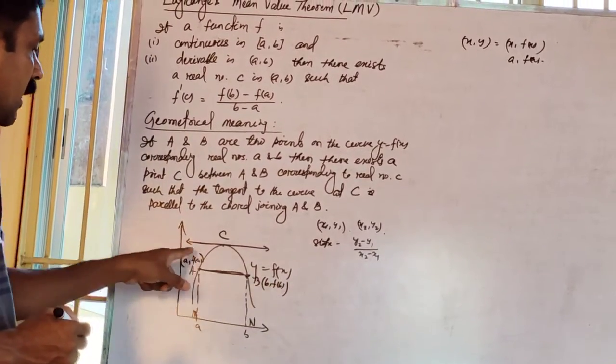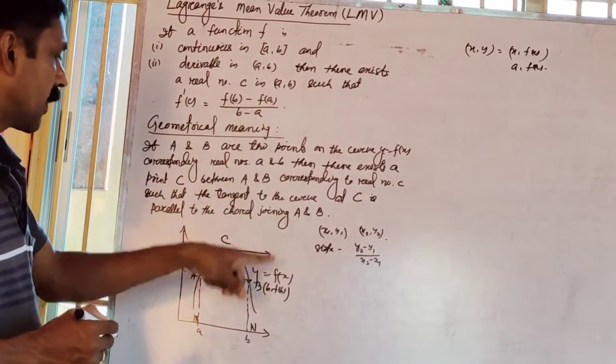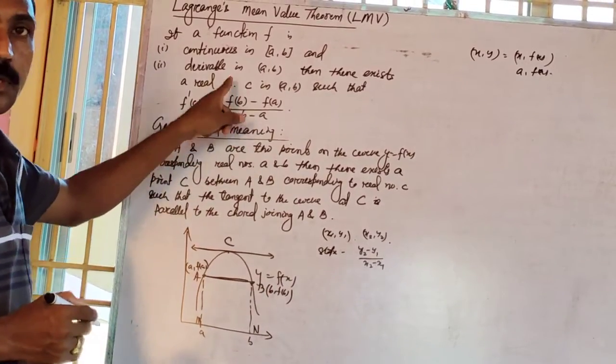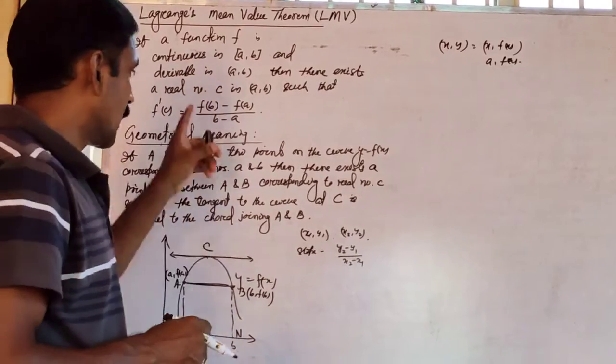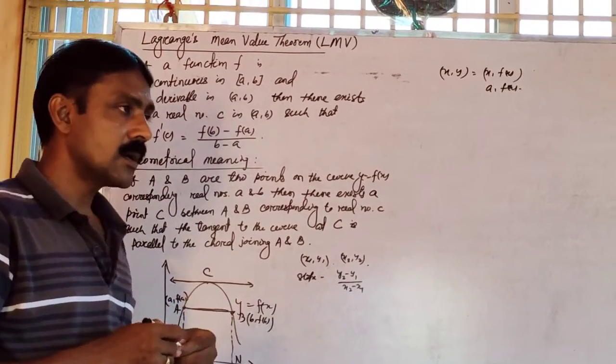So the slope is f of b minus f of a by b minus a. That's why the tangent is parallel to the chord. Clear? So these are Rolle's and mean value theorems.